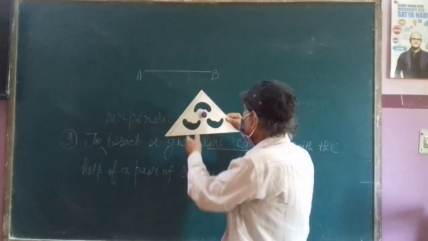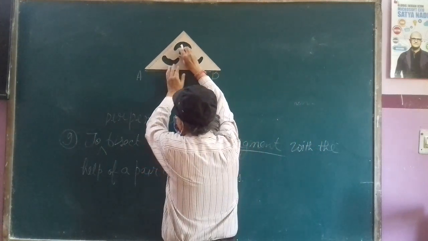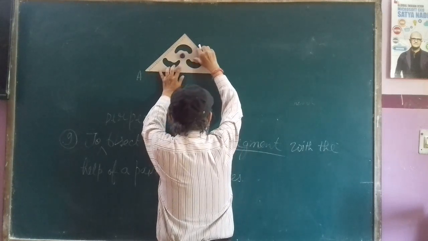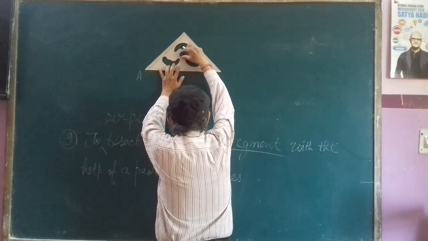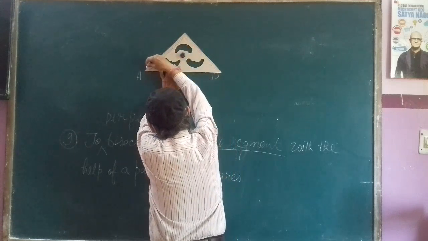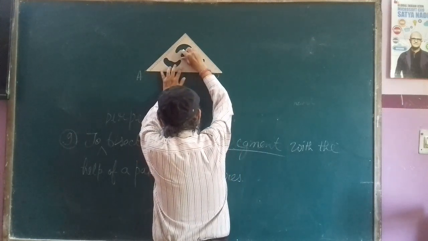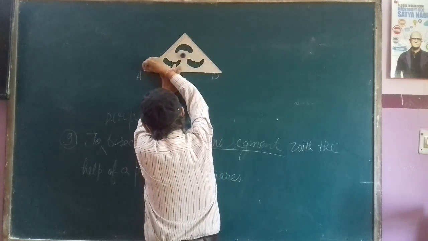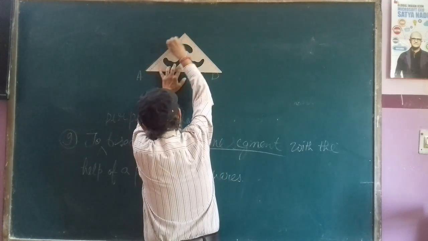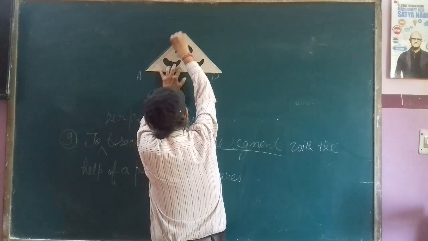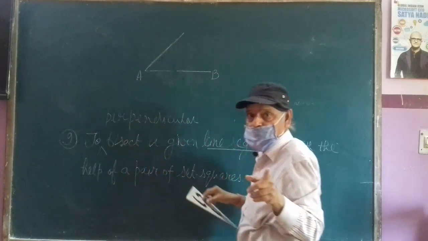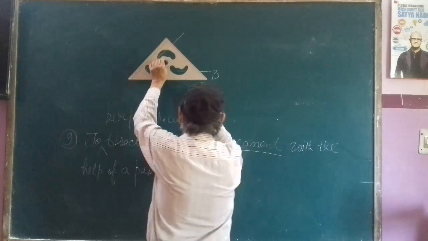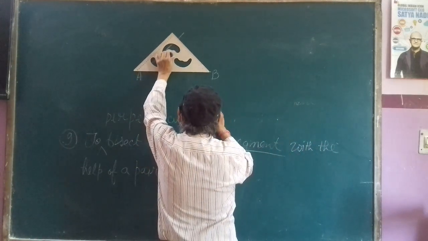You make an angle of 45 degree here at angle A. I am not using any compass. I think it is visible to you. Now I am putting it here, at B.